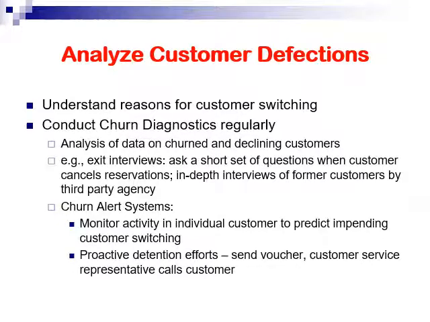For example, typical examples of proactive retention effort may include sending vouchers, or your customer service specialist calling the customers to identify their needs and to meet their needs in advance. This is a great proactive retention effort.